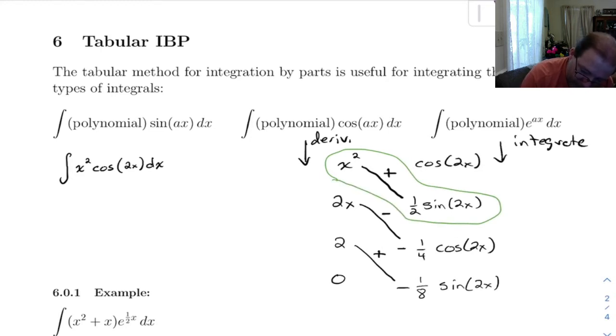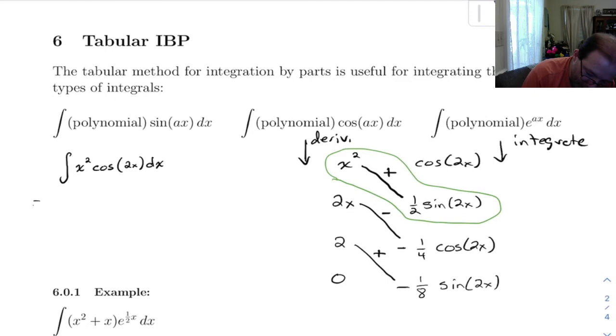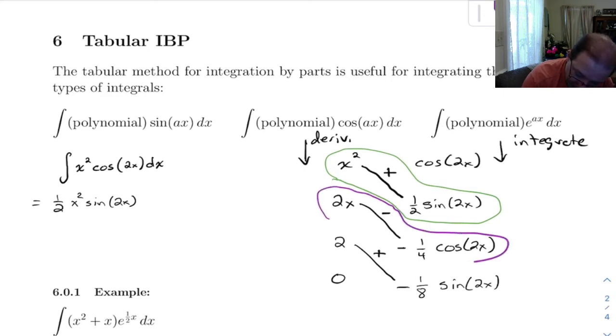So our integral is going to be 1/2 x squared sine 2x. Then next term is going to be made up of this. So that's going to be plus 2 times 1/4, which gives you 1/2 x cosine 2x.